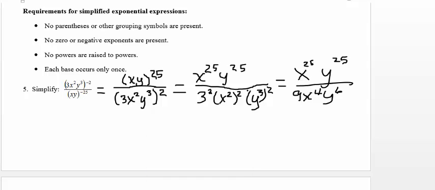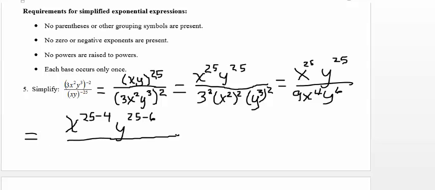So when a power is raised to a power, these exponents are multiplied. 2 times 2 is 4, 3 times 2 is 6. So this becomes x to the 25 minus 4, using the quotient rule of exponents, y to the 25 minus 6, all over 9.